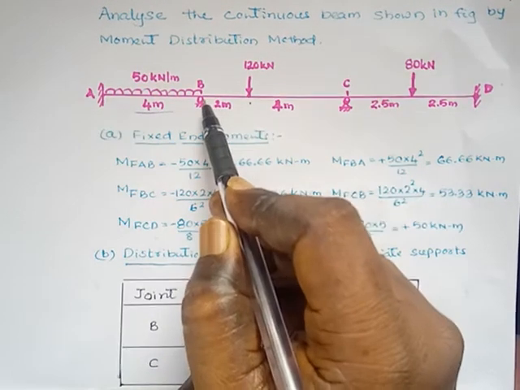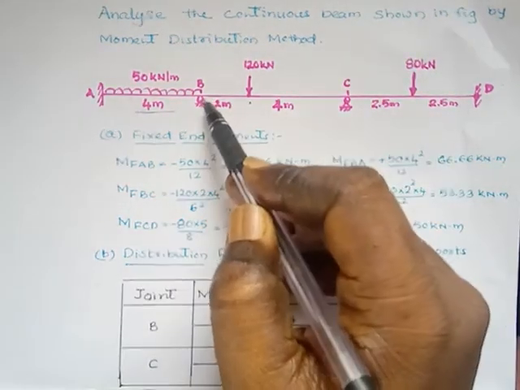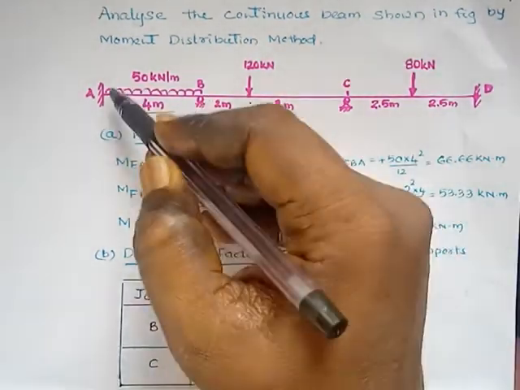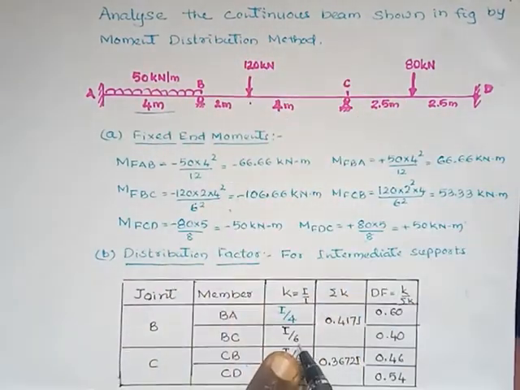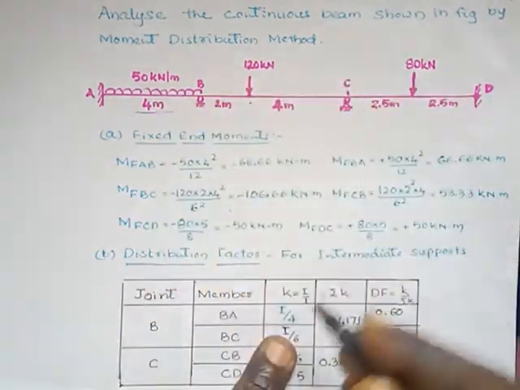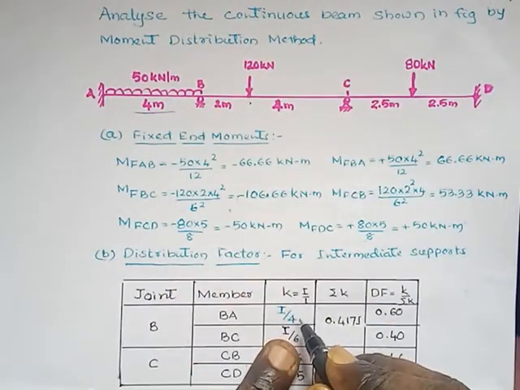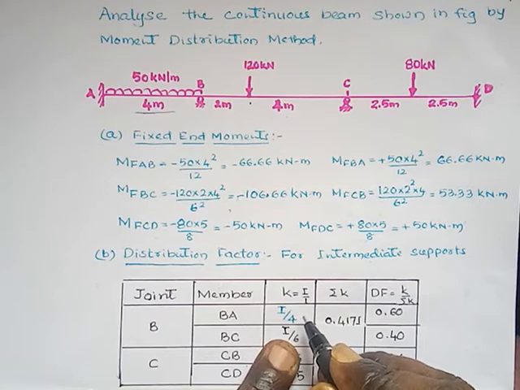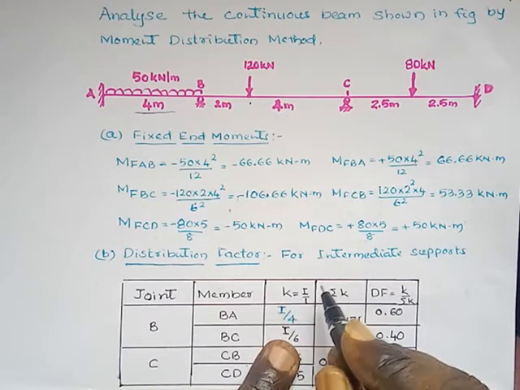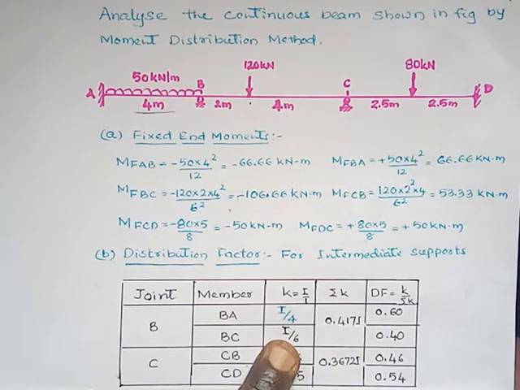Here with respect to B, A is continuous or fixed, hence K equals I by L. There is a single I. If the moment of inertia varies, then you have to write it here. The moment of inertia is the same throughout the length of the continuous beam. Hence K equals I by L, that is I by 4.